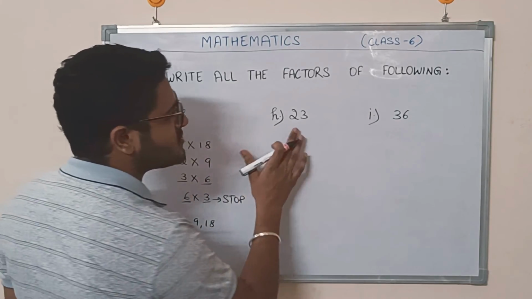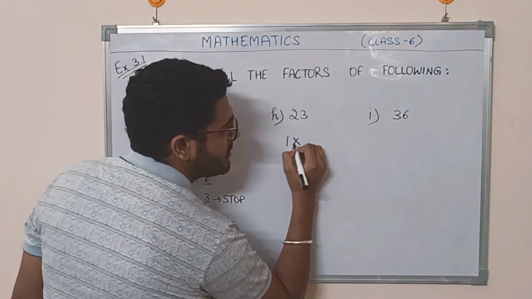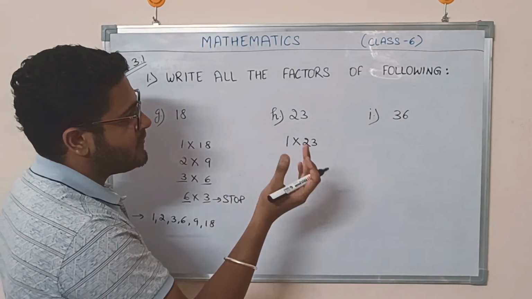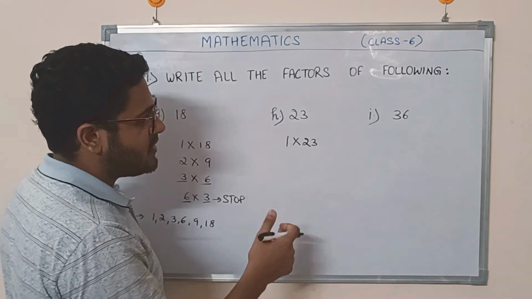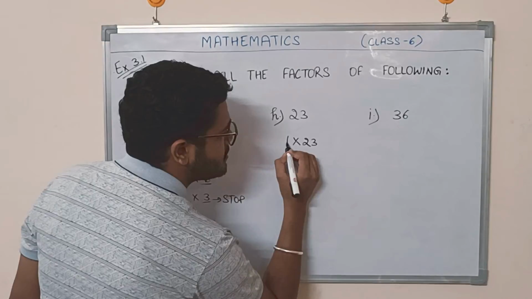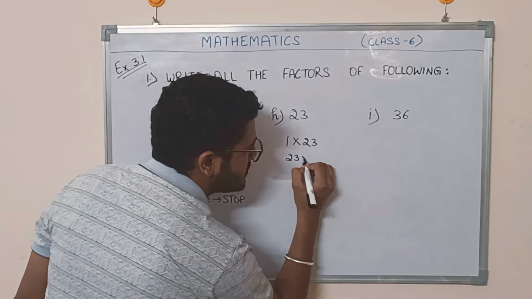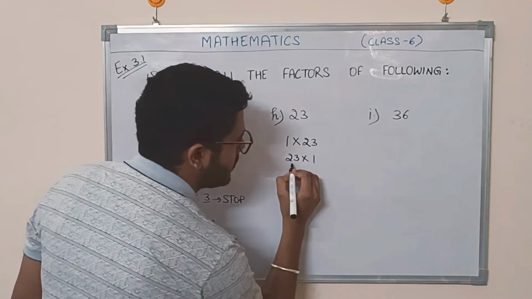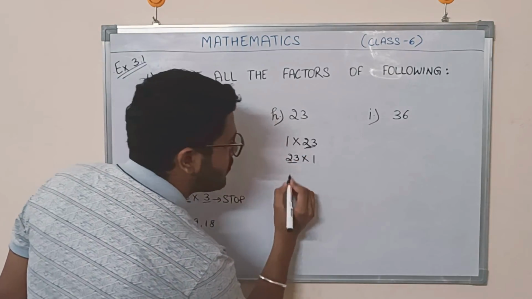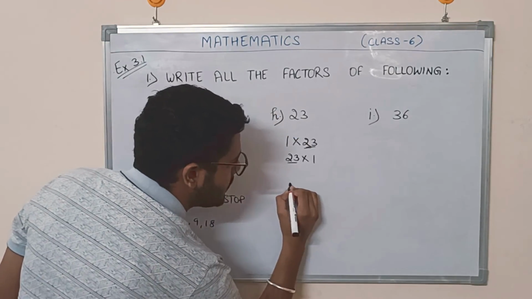Next is 23. So first it will be 1 into 23. Okay. Now you will try with 2, 3, 4, 5, 6, 7, 8, 9, 10, 11, 12, 13 up to 23. What you will find is it will be divisible by 1 and 23. Okay. So here we see 23 got repeated. So what will be the factors here?